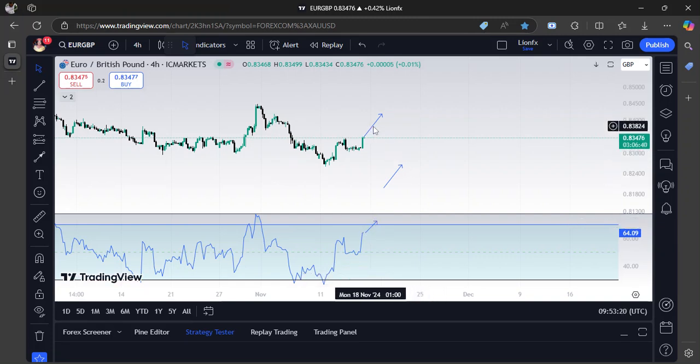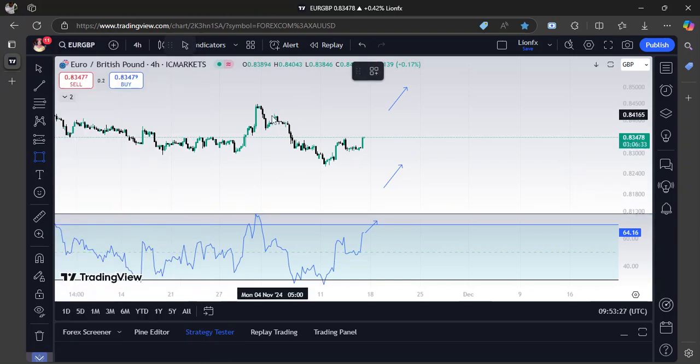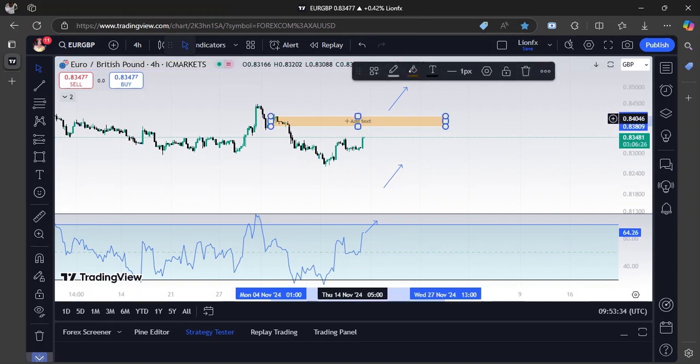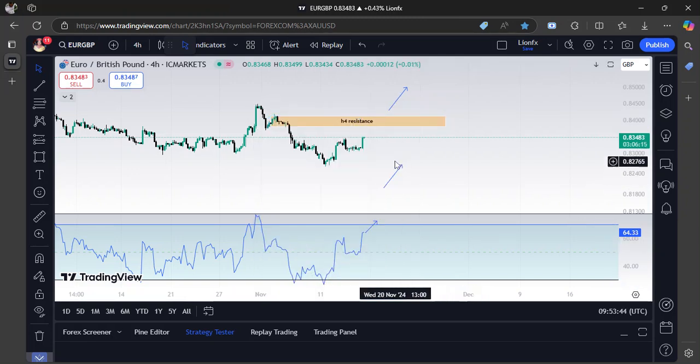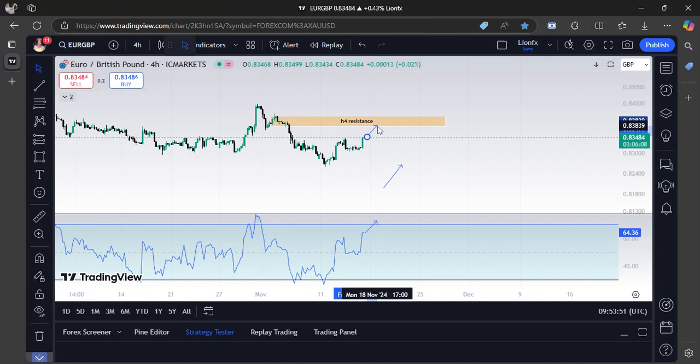So if this also gets to the H4 resistance, which I'm seeing here, H4 resistance, I will be taking a sell from that resistance.